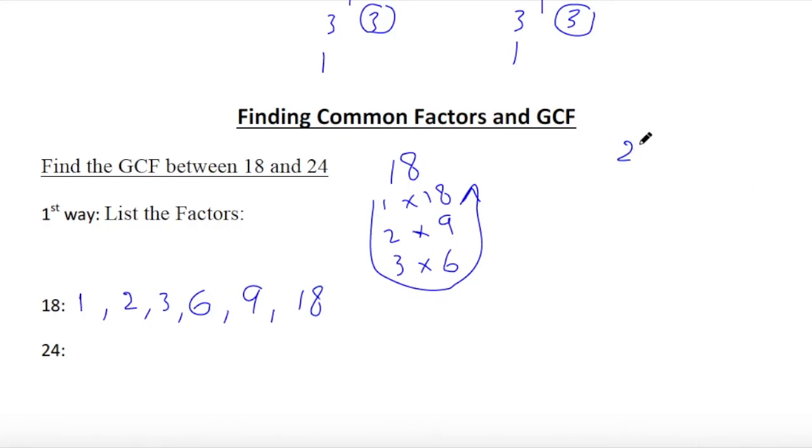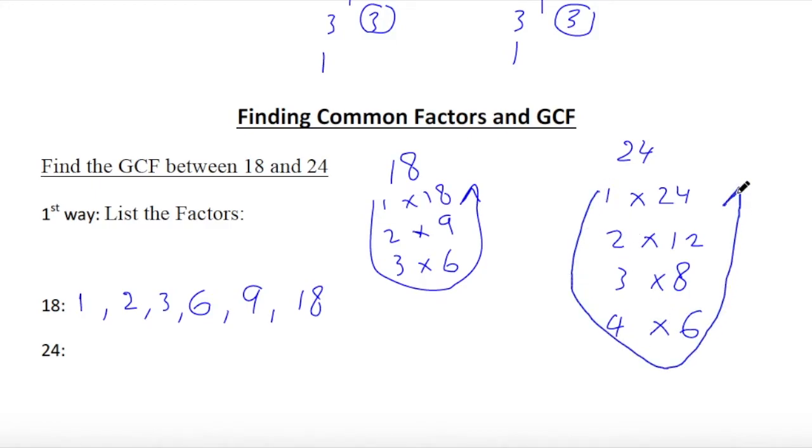For 24, it will be 1 times 24, 2 times 12, 3 times what? 8, and 4 times 6, and that's all. So we can take all of these: 1, 2, 3, 4, 6, 8, 12, and 24.